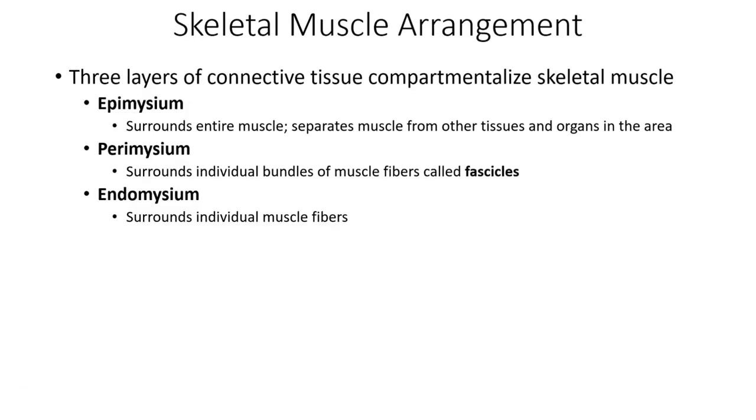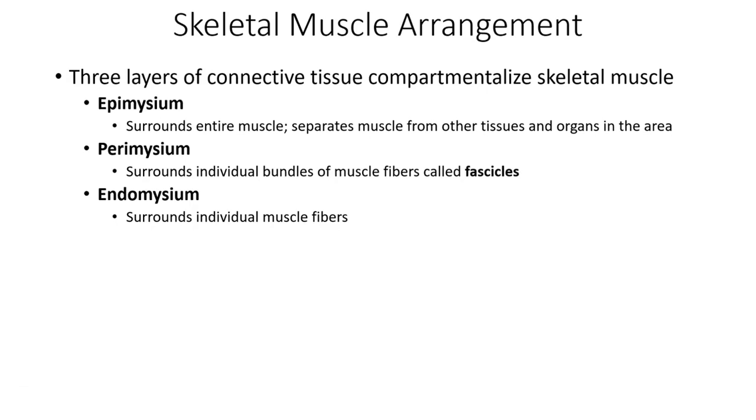So skeletal muscles are going to have 3 layers of connective tissue that help to make up skeletal muscles. These 3 layers are the epimysium, perimysium, and endomysium. The epimysium is going to surround the entire muscle, separating that muscle from other tissues and organs in the area, so keeping it separate from blood vessels and nerves and stuff like that.